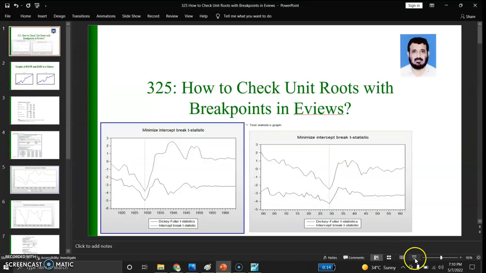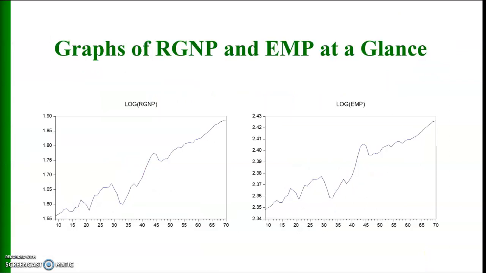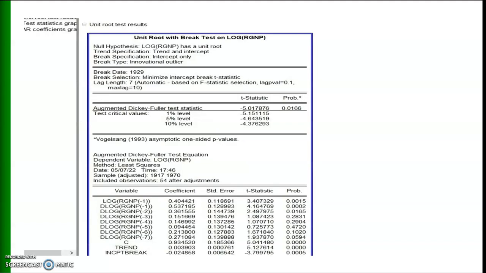So let me maximize this. These are the graphs of real GNP and employment at a glance. These are the unit root test results, and as I showed, both real GNP and employment are non-stationary at level, and they become stationary at the first difference.